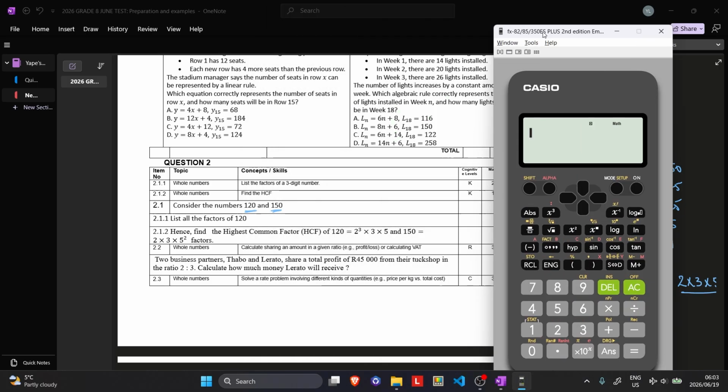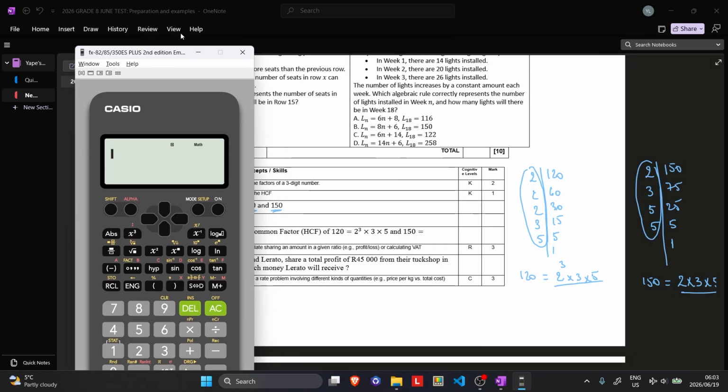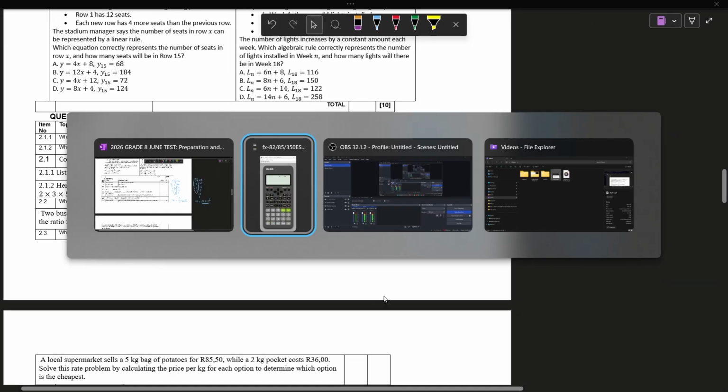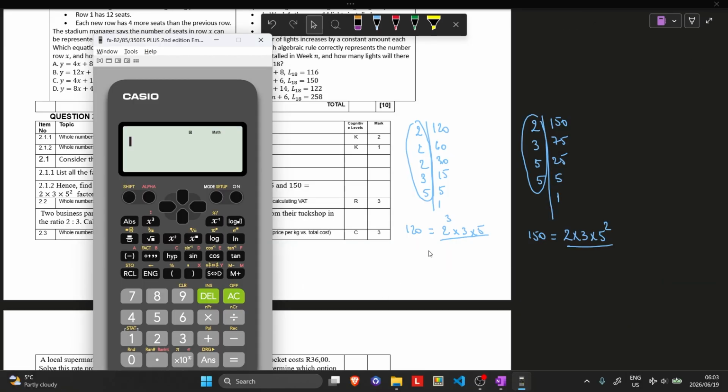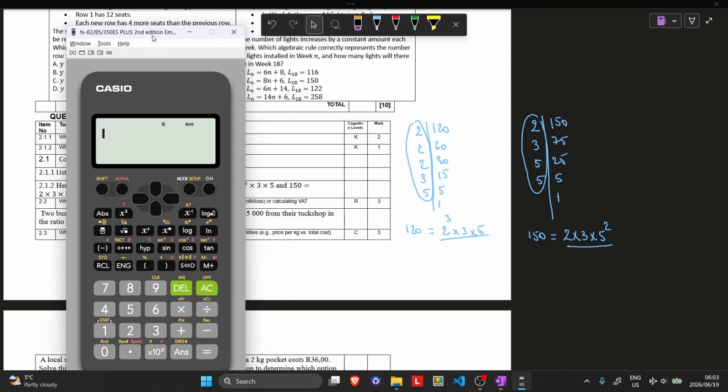Okay, so we've got our calculator here. And as I said, let me just enlarge this. If you're struggling with prime factorization, if you've got a calculator, you might also use it. I don't know which version of calculator you have.